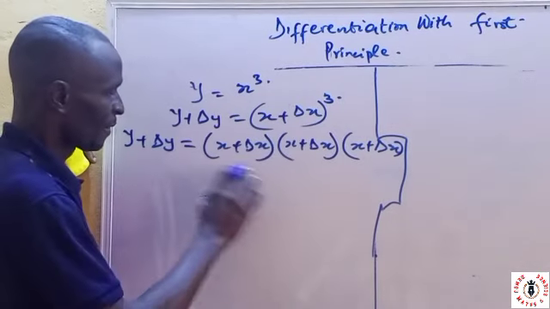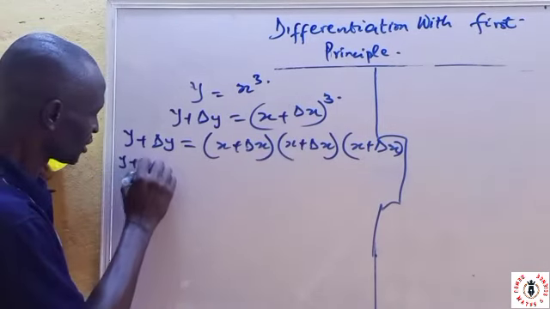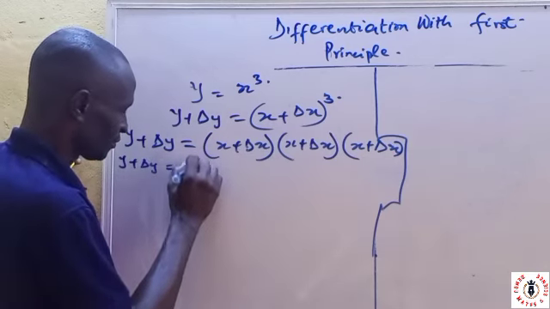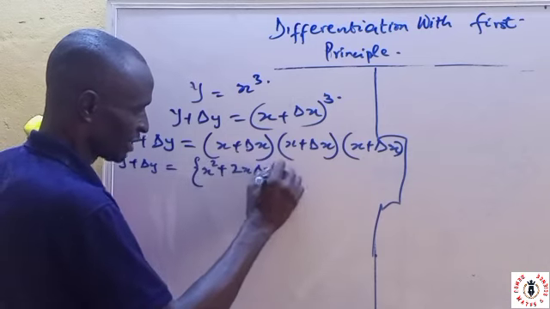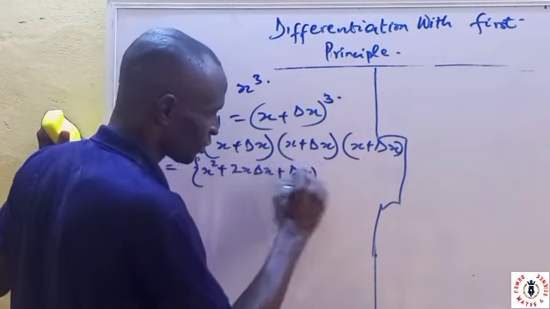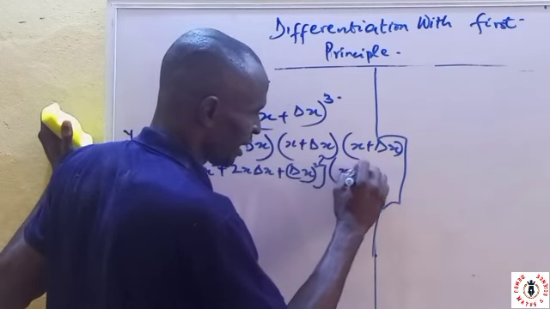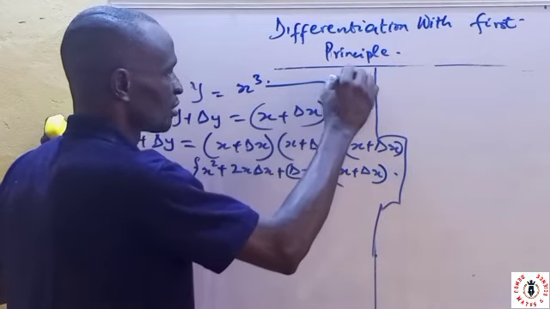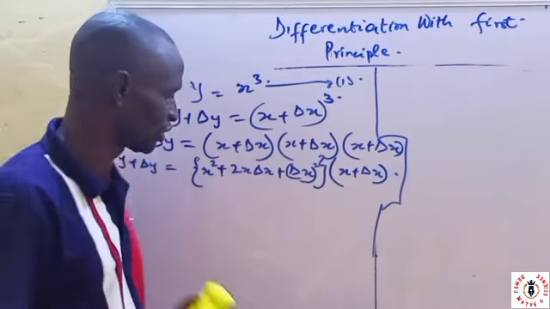If I'm expanding the first one, my y plus change in y equals, let's expand this. This is the same thing as x squared plus 2x change in x plus change in x all squared. Now you multiply that again with x plus your change in x. We call this equation 1. We're getting to derive our second equation.